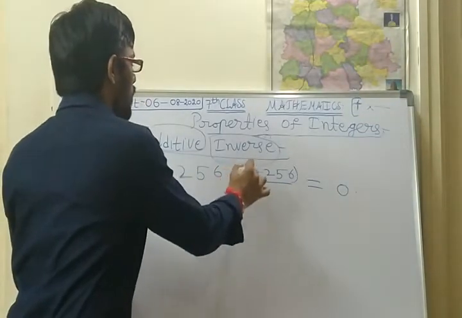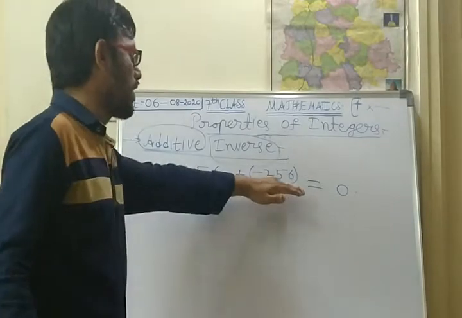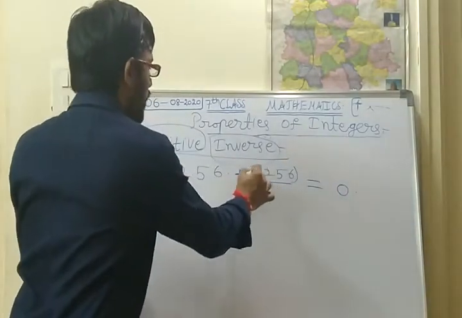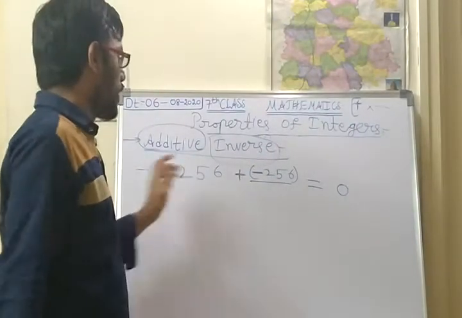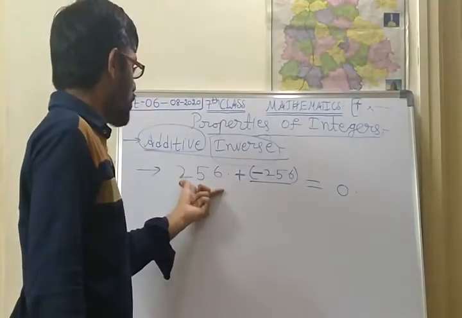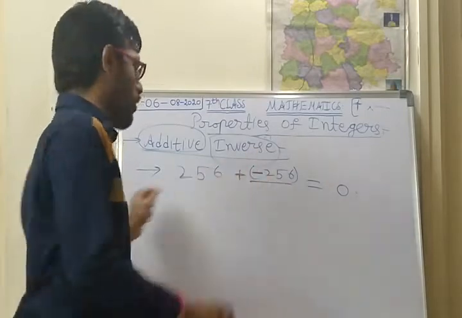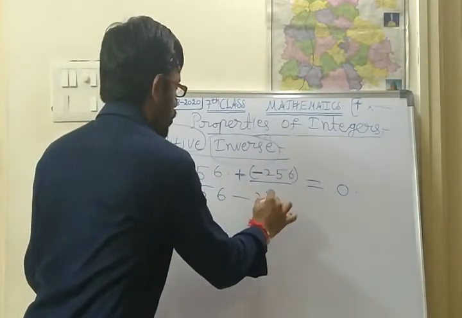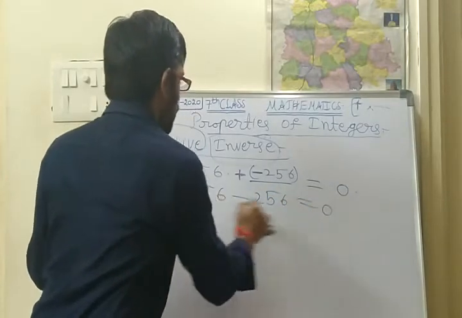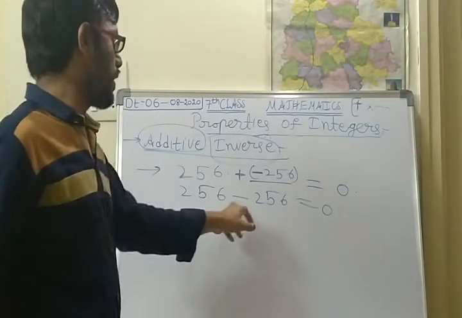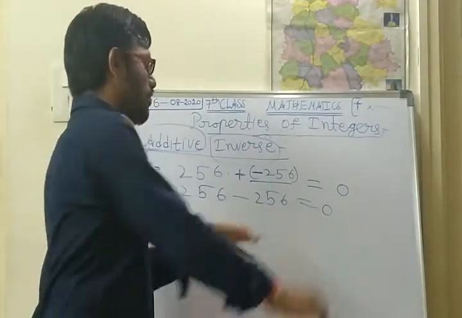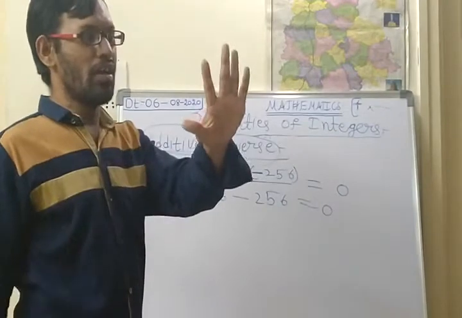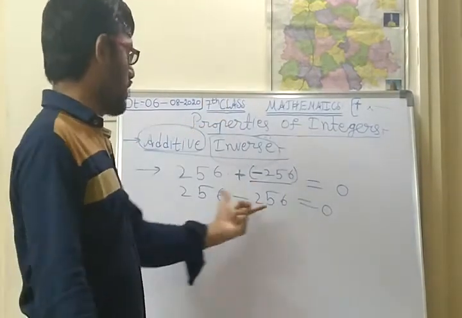Which number do we have to take so the result becomes 0? We have to take the negative identity. For the positive identity we take the negative identity, so that plus 256 minus 256 is equal to 0, like 5 minus 5.